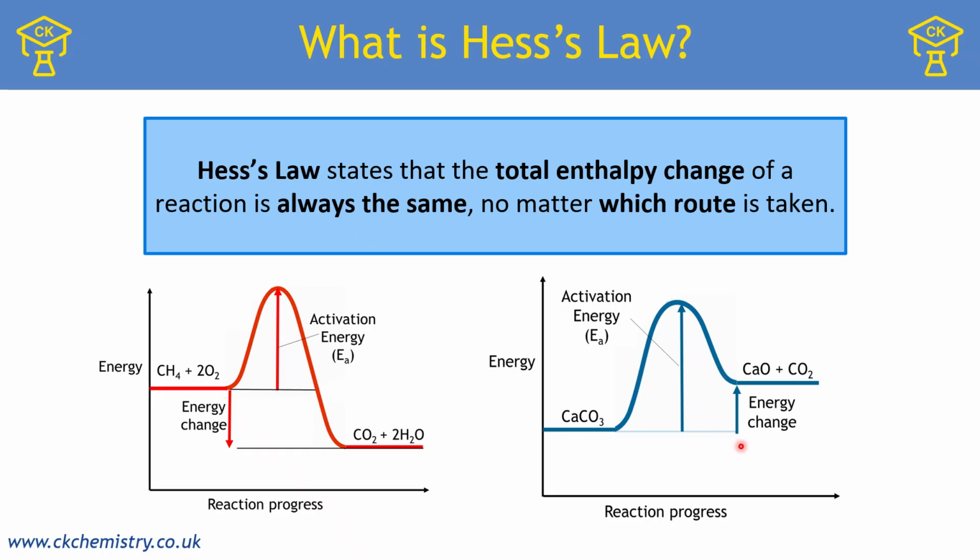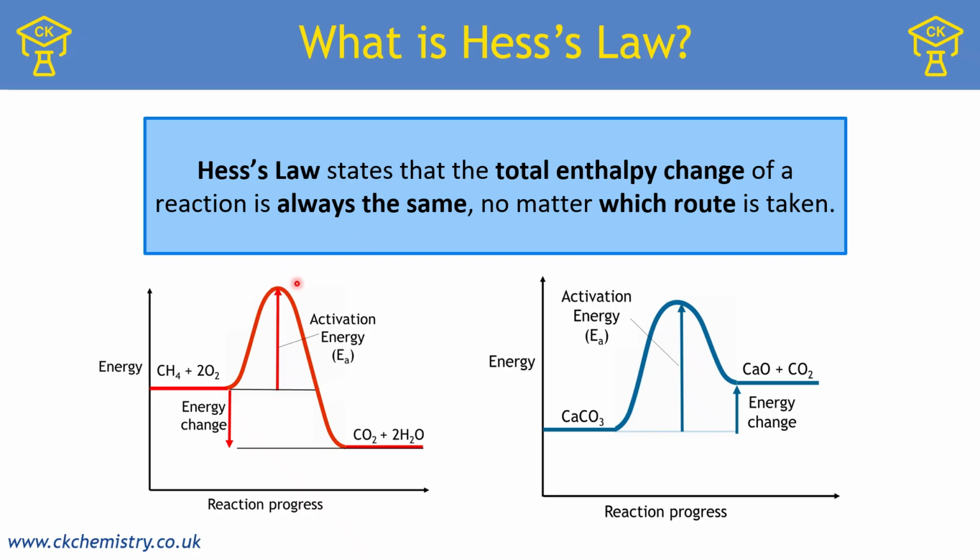On the right hand side, we have our endothermic reaction, so the products, calcium oxide and CO2, are higher in energy, so that's going to take energy in. But both of these reactions, whether they're endothermic or exothermic, they both take in energy at the start and then release energy. And that's related to breaking bonds and making new bonds, which we'll have a look at in a moment with our calculations.